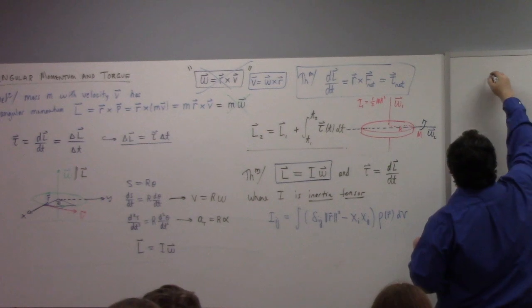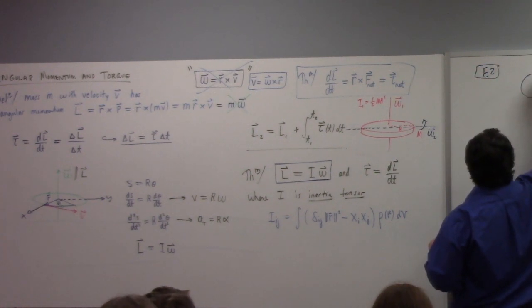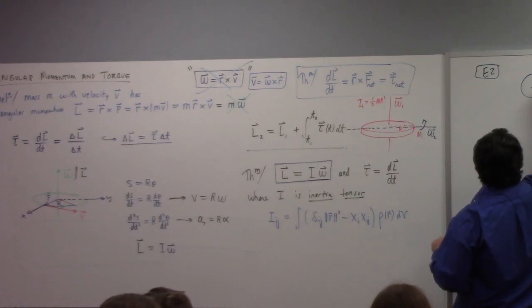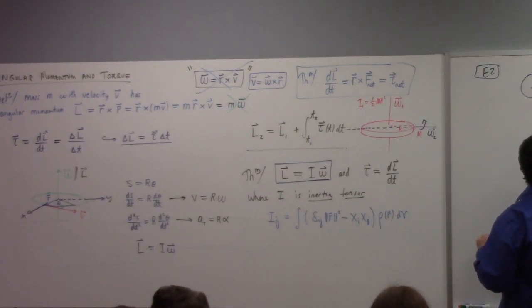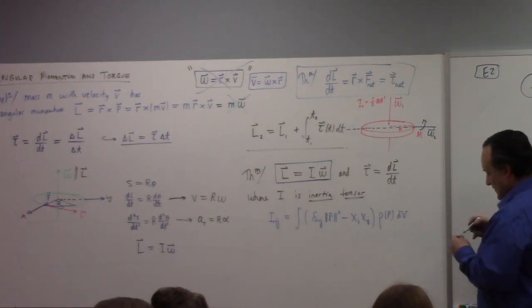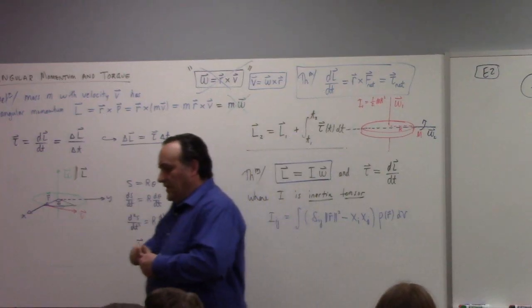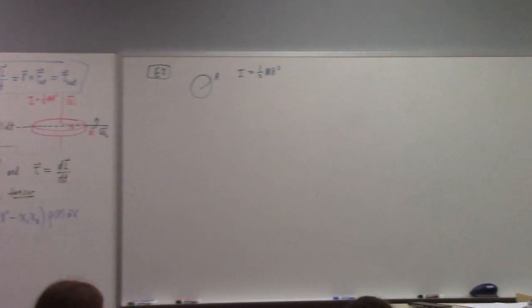I'll keep it real simple here, but if I have a pulley of radius r, and the moment of inertia is 1/2 mr squared, and I hang a rope over that, and the rope is essentially massless, and then I let that mass drop, what happens is it turns the pulley.